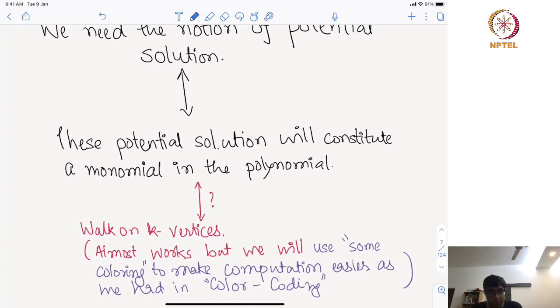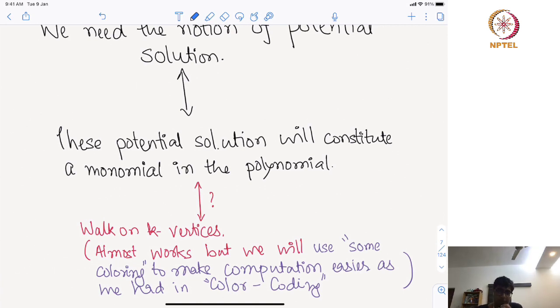But if the vertices in a walk are not repeated, then they constitute a K-path. So we relaxed the idea from path to walk, because walk was easy to compute. This notion almost works, but we will use some coloring to make computation easier, as we did in color coding. So we will not only need walks, we will need colorful walks, because that will help us make the computation efficient.